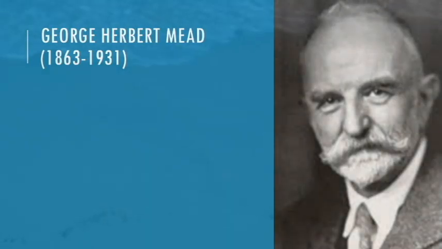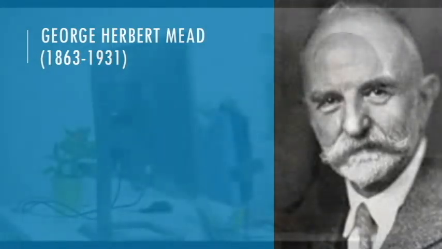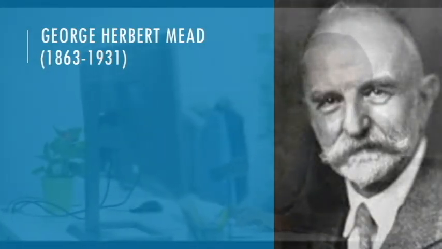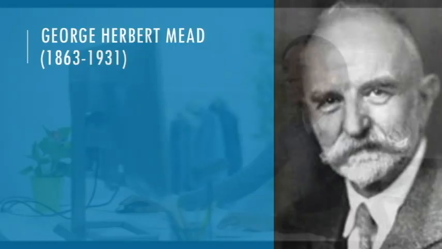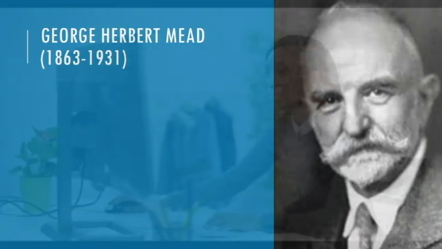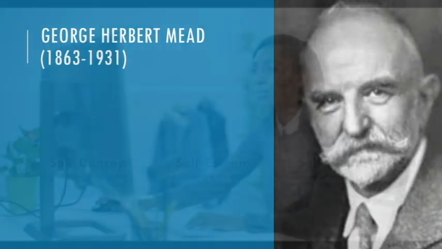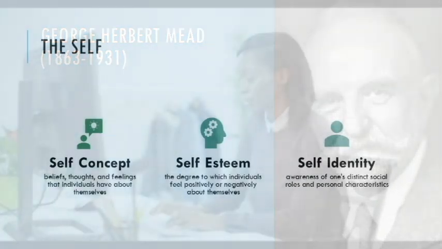Now, if we think about why George Herbert Mead is important within social psychology, it's really about the fact that he bridged the gap between psychology and sociology in order to emphasize the importance of the social process and interaction with others, and the social rules, norms, and expectations that come with that, which shape an individual's identity.